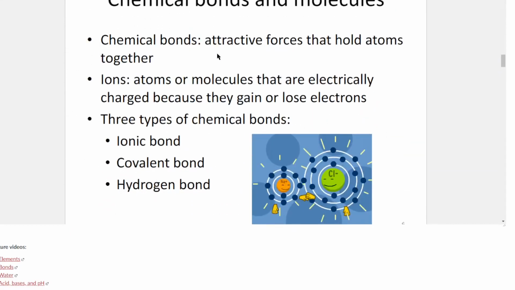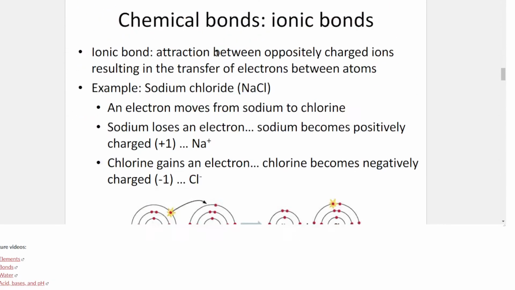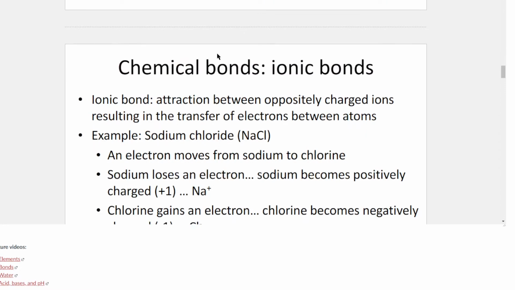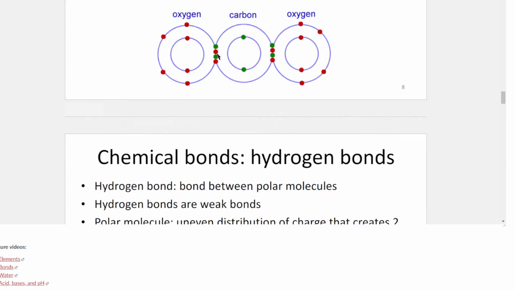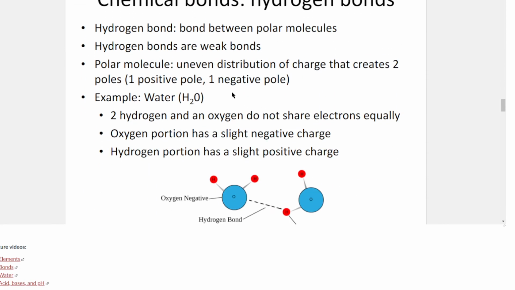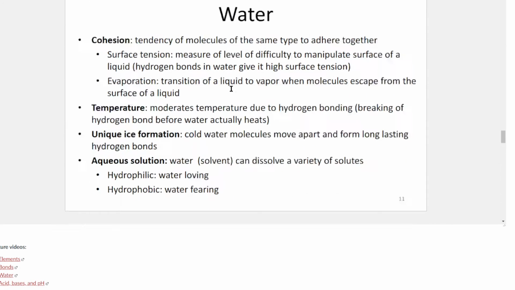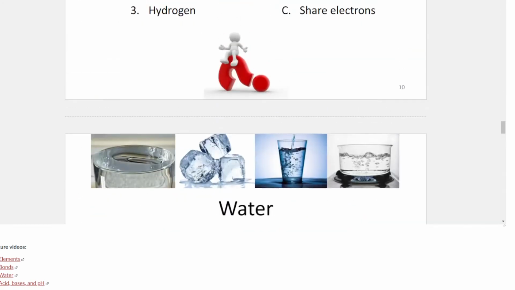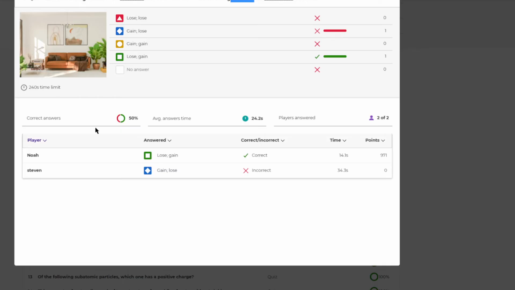If it's not here, I'm sorry. I just don't know. Here, to share. When you see share, covalent. It's not here. I'm so sorry. I just don't know where it is. But I'll just explain it to you real quick.